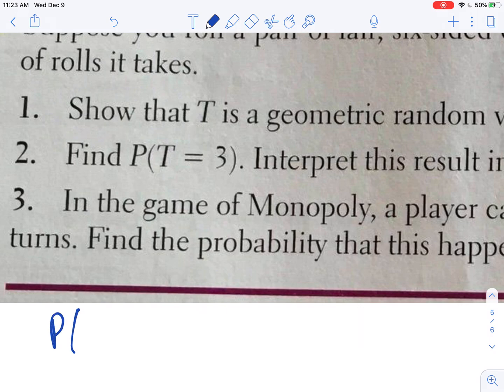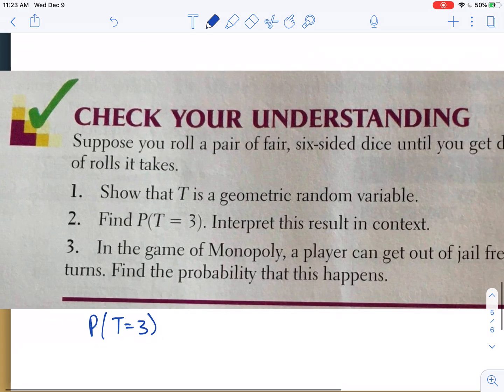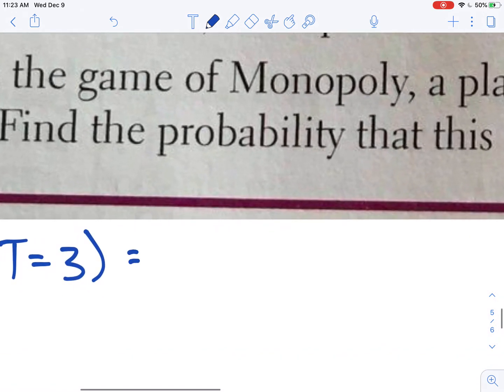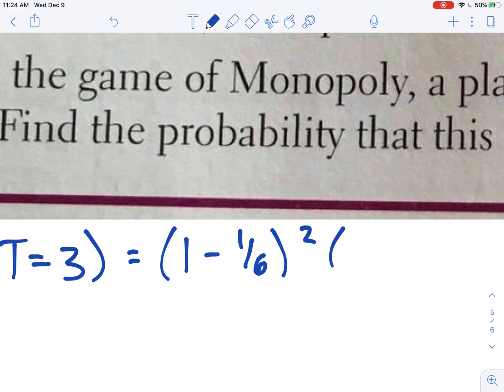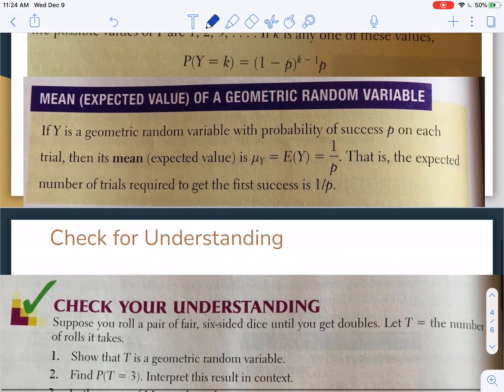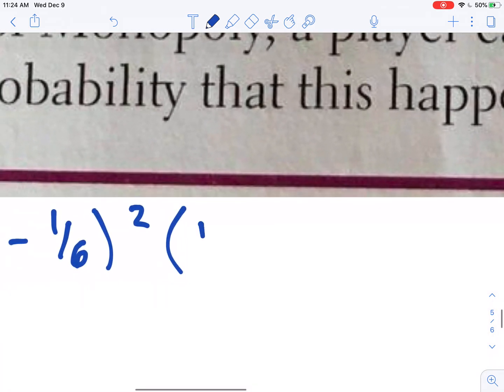Well, the probability of your doubles happening on the third roll is going to be equal to this formula up here: (1 minus 1/6) to the power of the number of times we're looking at, minus 1, multiplied by the probability itself, which is 1/6.